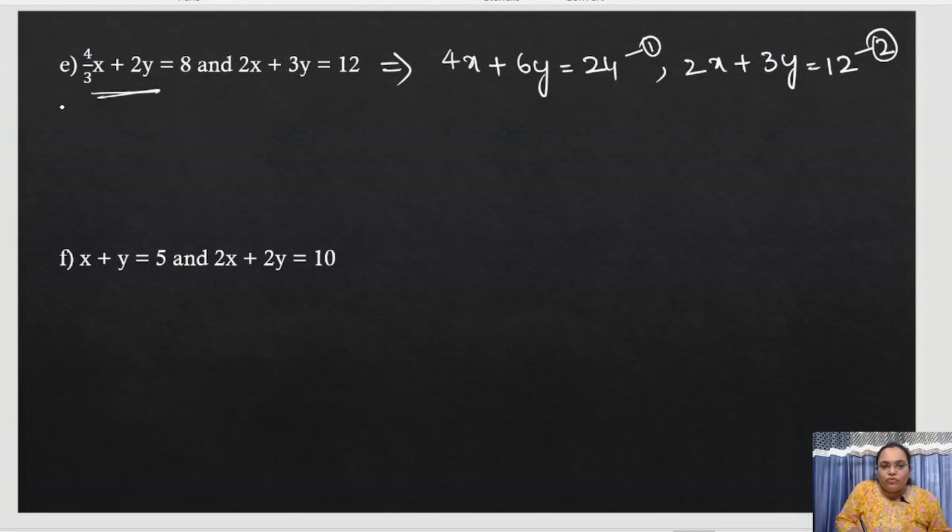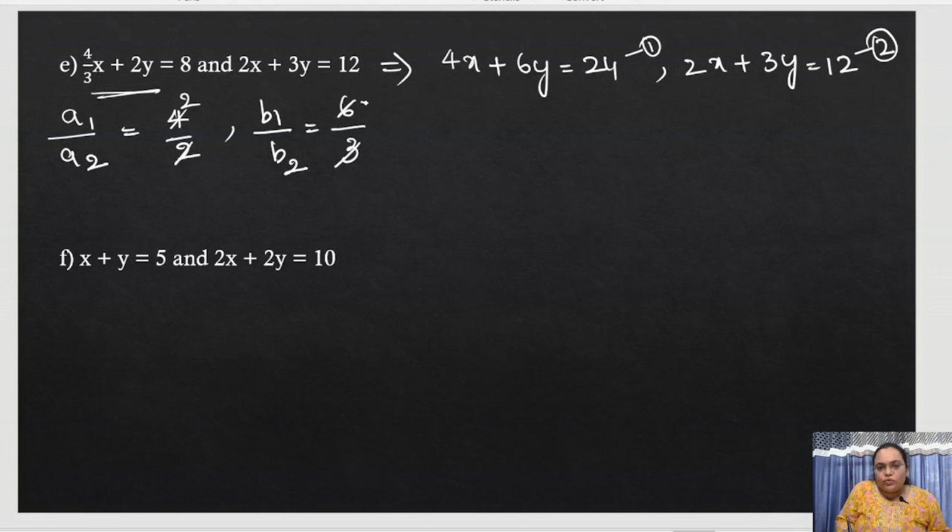Okay. So from here you will get a1 by a2 is equal to 4 by 2. This is 2. So b1 by b2 is equal to 6 by 3. You will get 2. Then c1 by c2 is equal to minus 24 by minus 12.